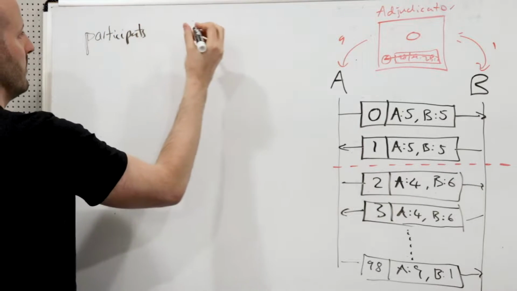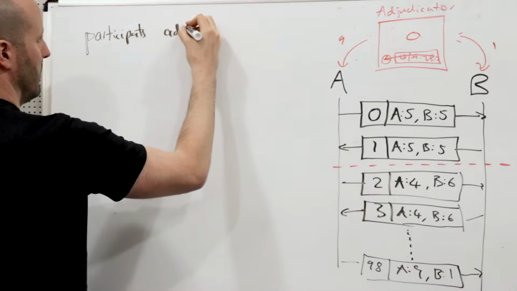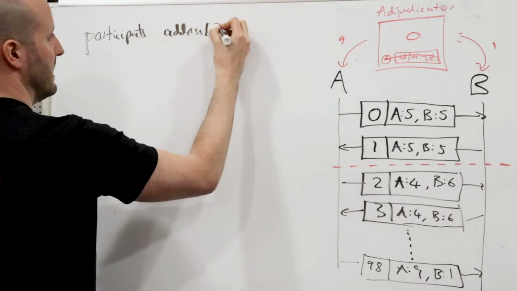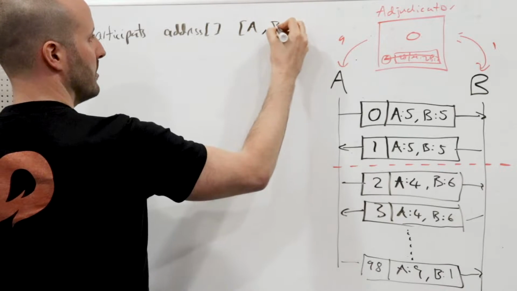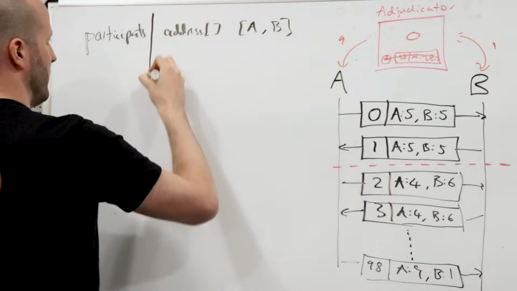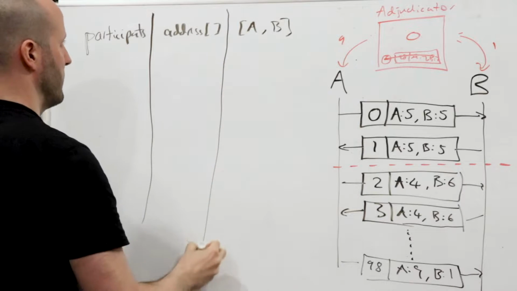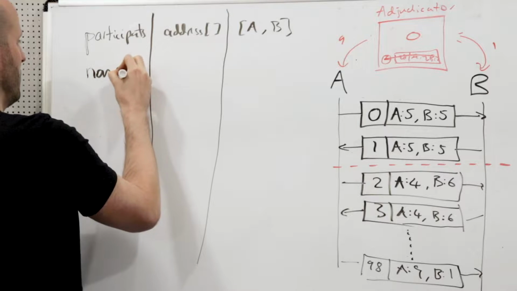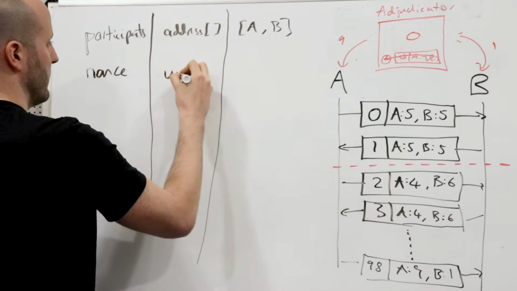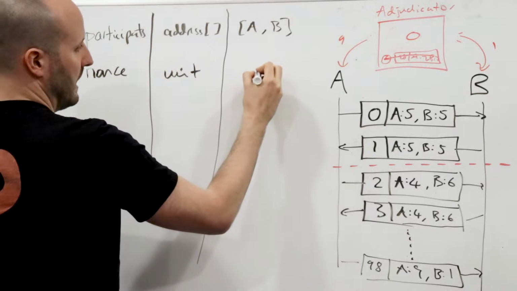So you have participants, which is an array of addresses, and this would just be Alice and Bob. Then we have a nonce, which is a uint, and this could just be 1.